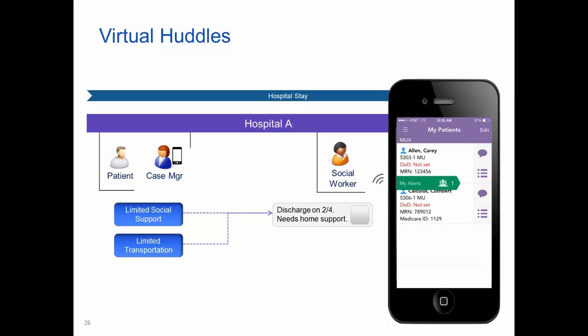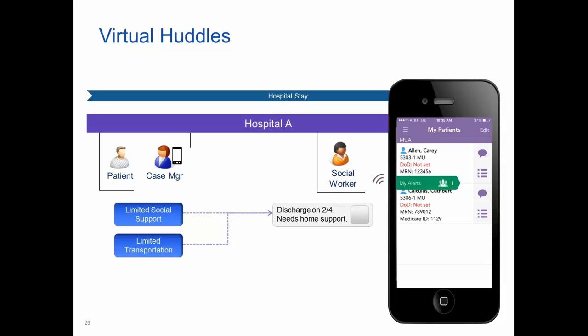There's an assessment being done either by the case manager or collaboratively by the team that highlights a couple of key barriers to this patient's discharge: this patient doesn't have the right social support if they go home, and they have limited transportation, which implies they may be unable to go for their follow-up appointments or pick up their medications. What this means is evidence says that they need to be assigned some type of support once they have left the hospital who can help address that social need, address that transportation need.